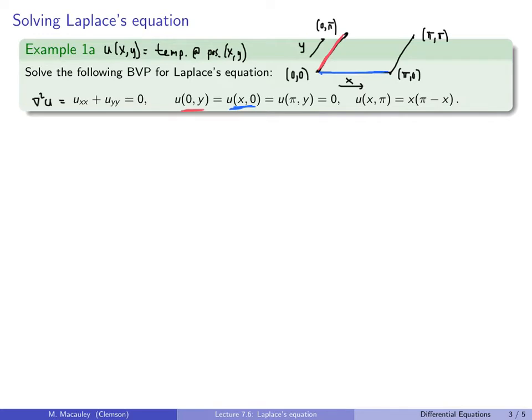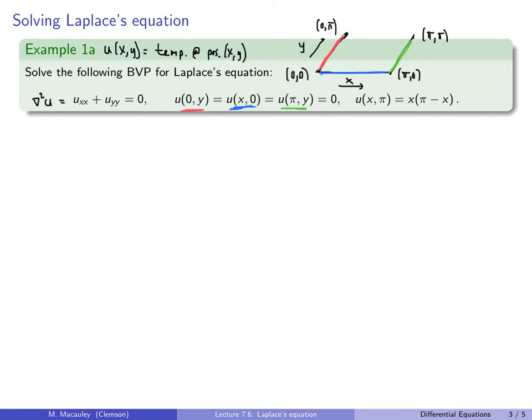And then finally, the third condition says that the temperature is 0 whenever x is pi, so that's this boundary here. These three boundary conditions being 0 tell us that the temperature is fixed at 0 along here.